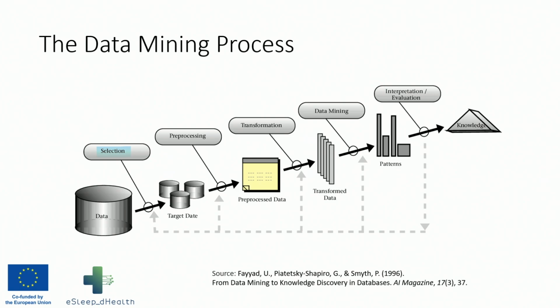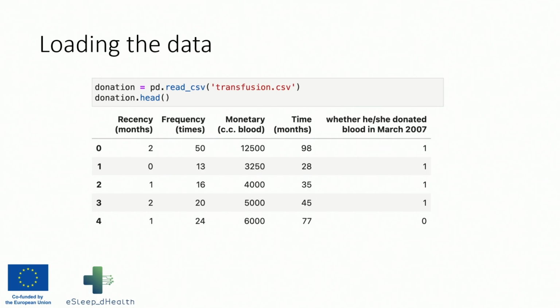And now we will go through this step-by-step guide again, looking at the different steps and then looking at the code that we need to execute those steps. So with selection, I'm basically meaning loading the data, selecting the data you need for the machine learning model, understanding the data, and part of this can also be understanding what the columns mean, what is useful for your machine learning model, what is not, and what needs to be pre-processed.